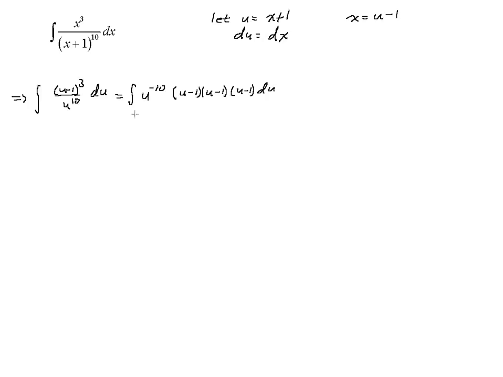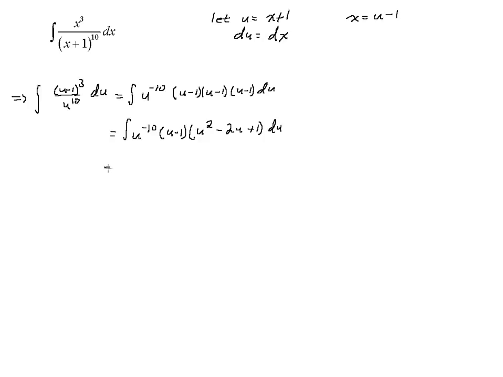So we'll start by saying that's u to the negative 10 times u minus 1, and then u minus 1 times u minus 1 will be u squared minus 2u plus 1 du, and then we'll work on expanding u minus 1 times u squared minus 2u plus 1.